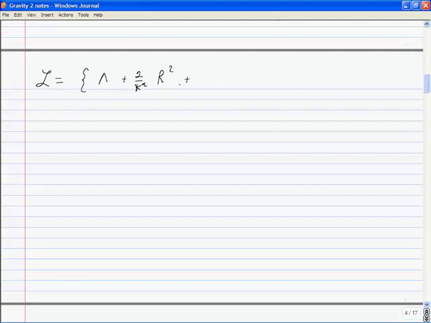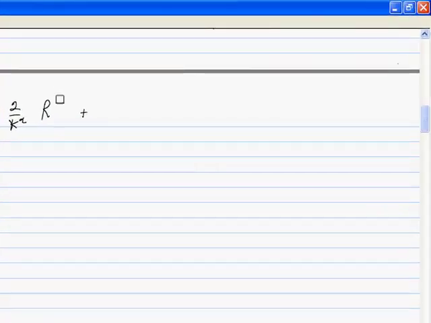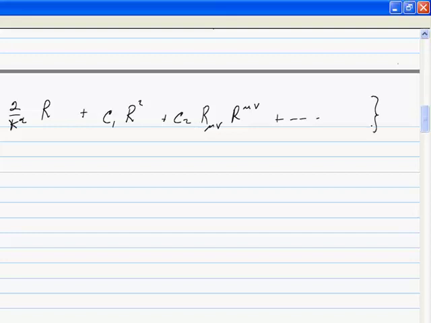There could be a constant, there can be the R term, the curvature, there can be R squared, there can be R mu nu, plus higher and higher stuff.